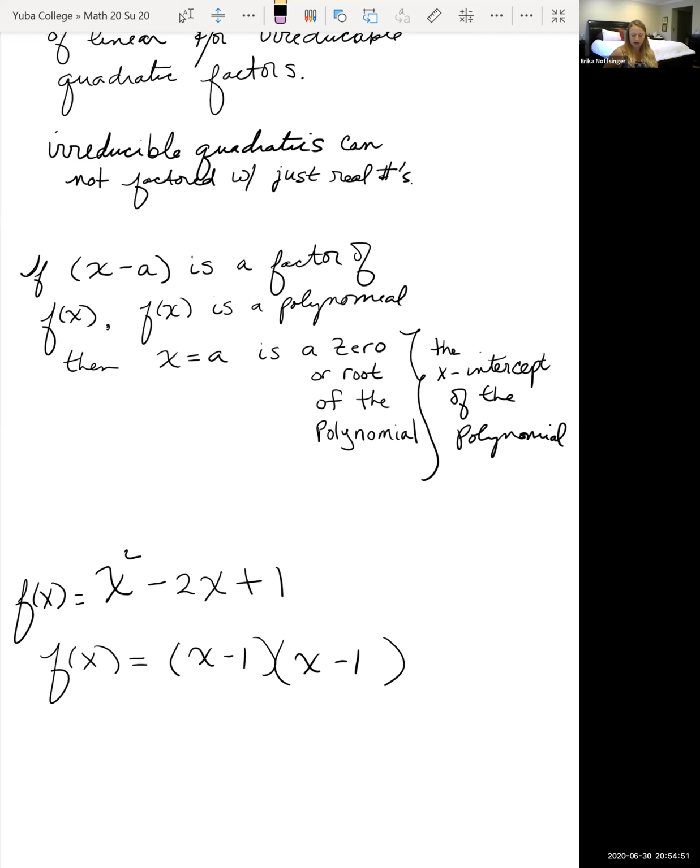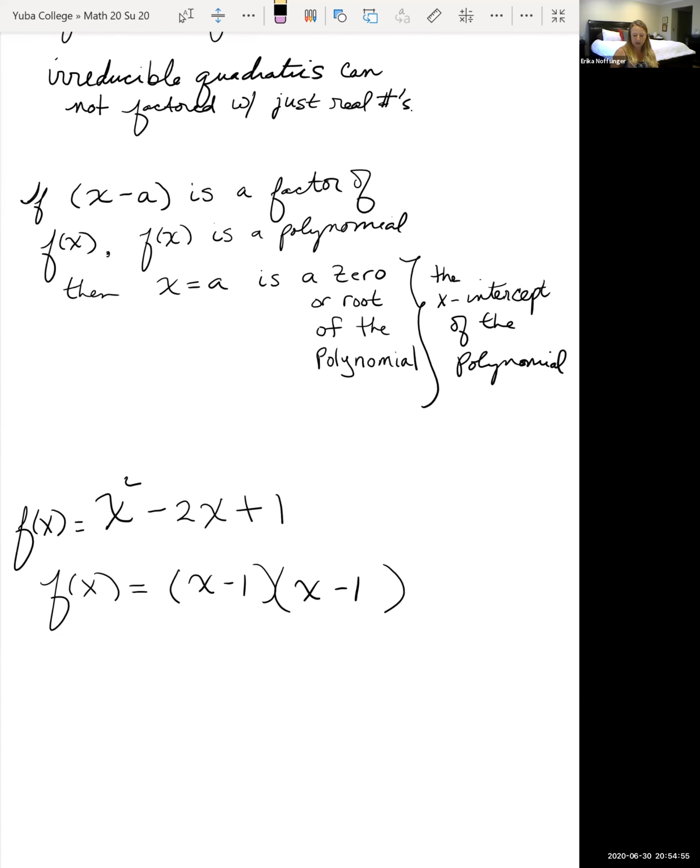So x minus 1 is considered to be a factor. It's linear because our degree is 1. So it's factored into two linear equations, but those factors are actually identical. So we could actually rewrite this as x minus 1 quantity squared.